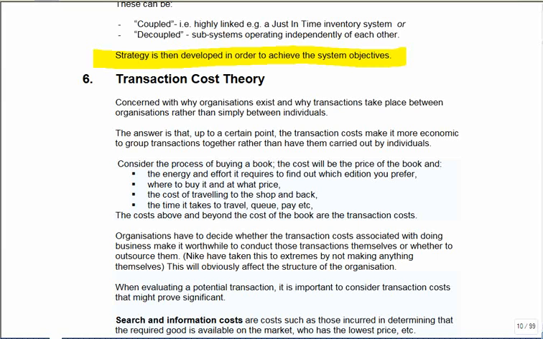And then suddenly we had the Industrial Revolution and all the rest, and we had these businesses, and nowadays very, very big businesses, doing things for us. And why? Why is that the case? And transaction cost theory explains to us why we get businesses doing what they do.